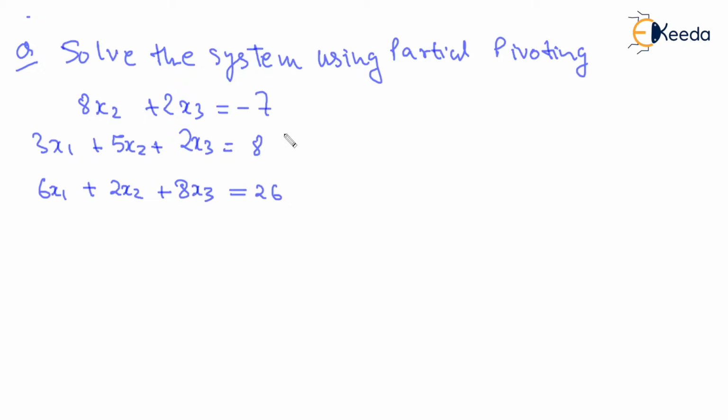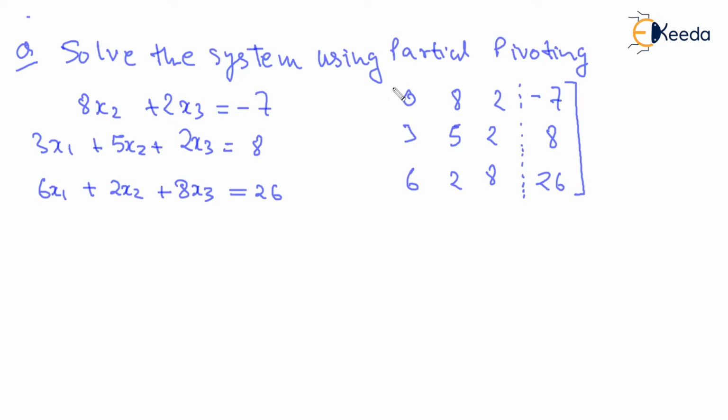So the system is 0, 8, 2, -7. This is the augmented matrix A|B.